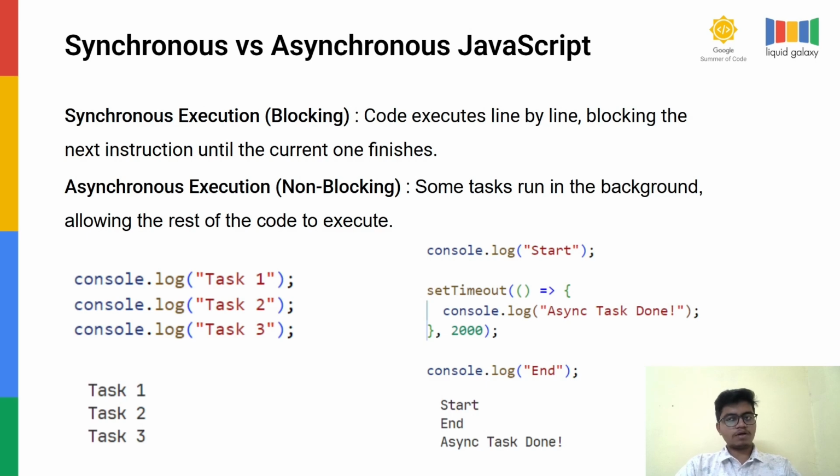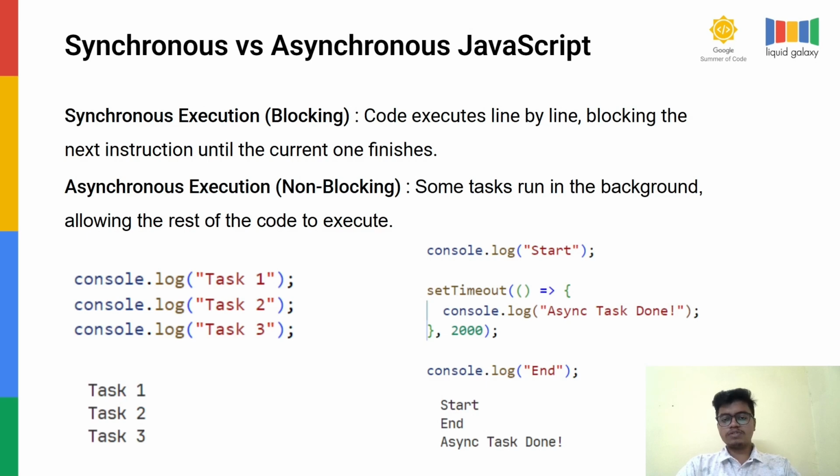For printing anything in the console in JavaScript, we use console.log. On the left-hand side, we are printing task 1, task 2, and task 3 in order, and if we run this code, we get the output in the same order that we have given in the code.